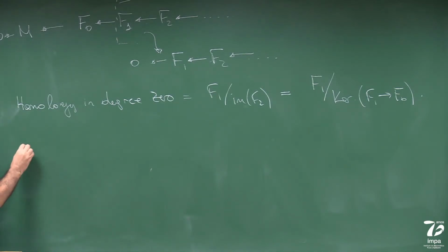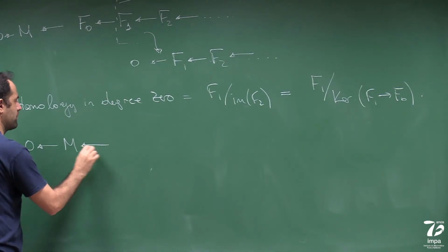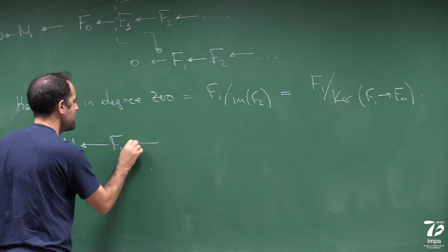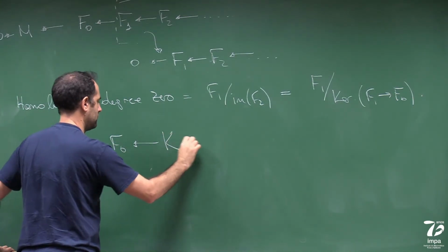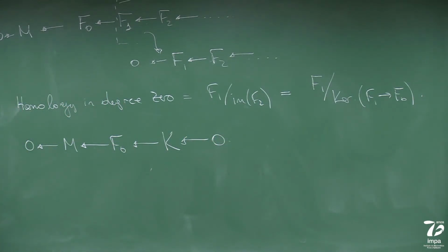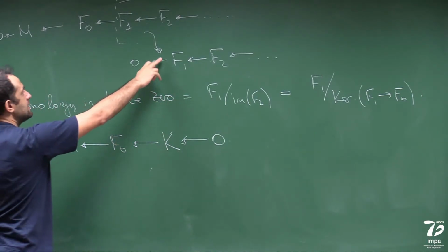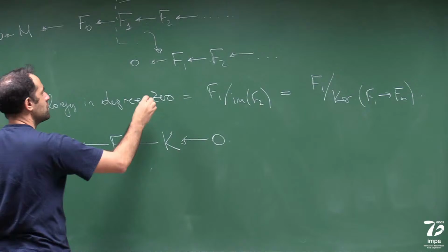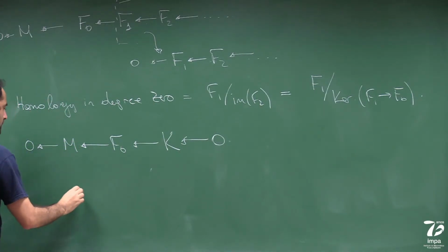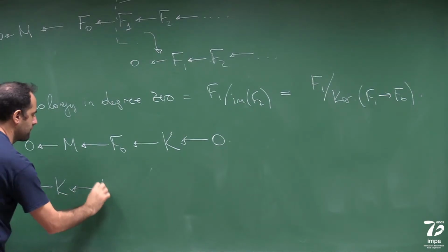Then what I could do is just look at this. F0, and then here I have the kernel. And then by this argument here, I realize that this complex here is a resolution of K. So this is exact.